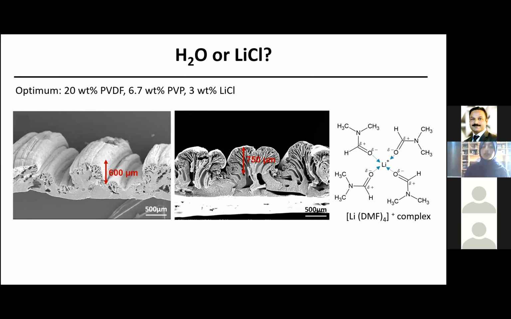Formation of these complexes could reduce the solvent power of DMF, therefore reducing thermodynamic stability and increasing the solution viscosity. So this was another alternative additive which we could explore.